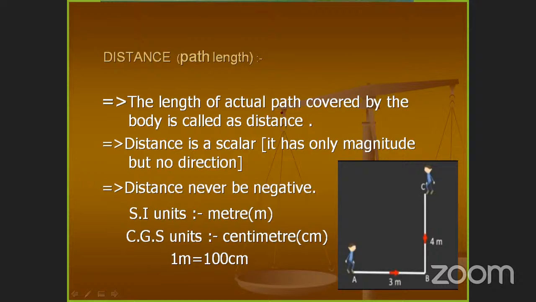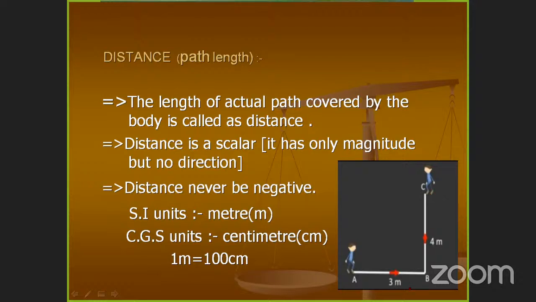Children, see this picture. Here one boy is at point A. He is moving to point B, and after that he moved to point C. The distance means the length of the actual path covered by the body.